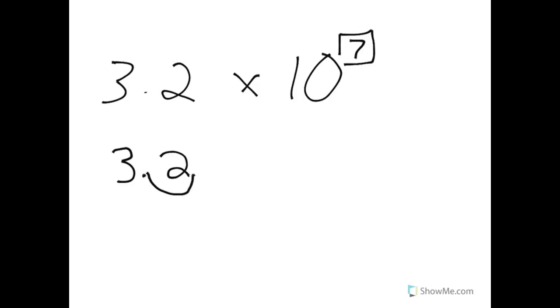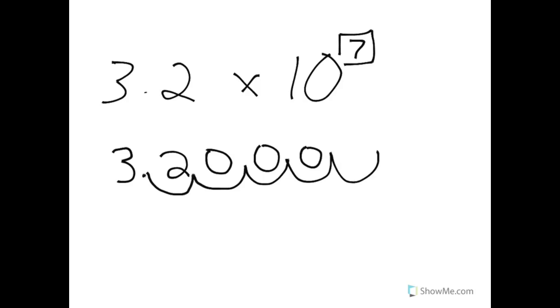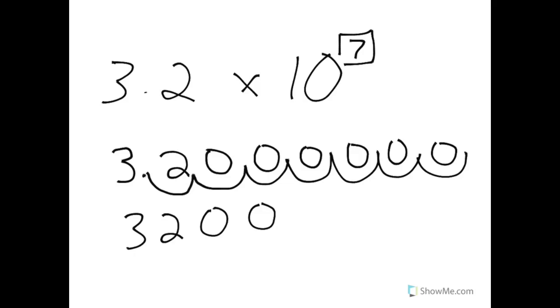So we have 1, 2, 3, 4, 5, 6, 7. Okay, so my number ends up, and I'm going to write it down here just to make it a little nicer looking, and I can also add my commas. My number ends up being 32 million.